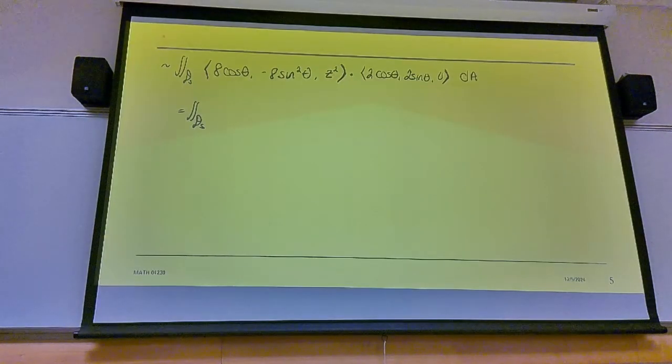Perform that dot product: 16 cosine squared theta minus 16 sine cubed theta. Oh, look at that. There's no r. So anything with respect to r is just 3, isn't it?